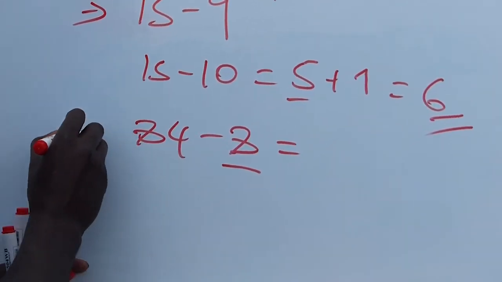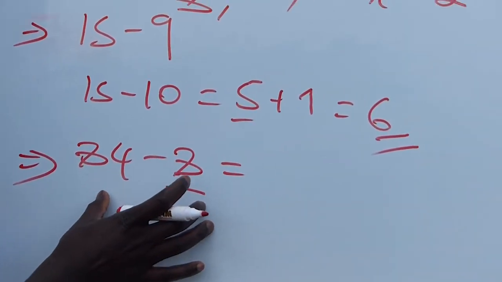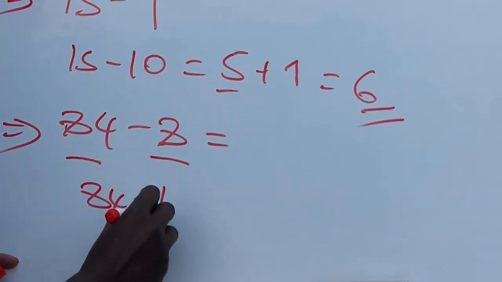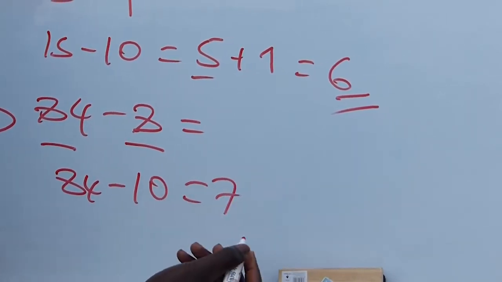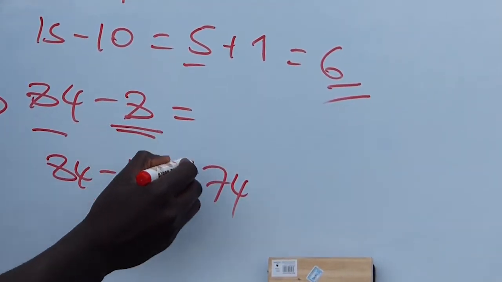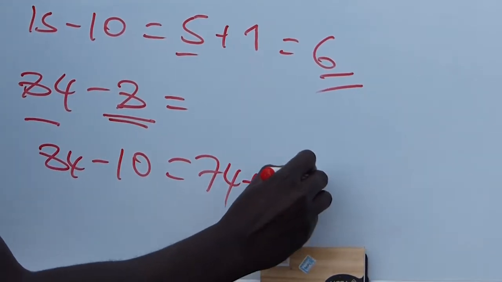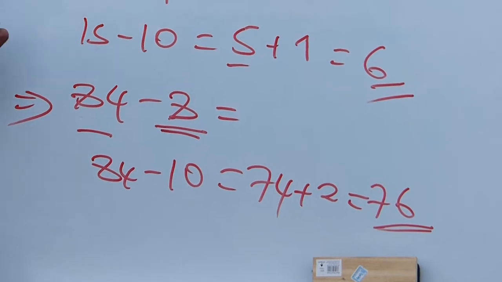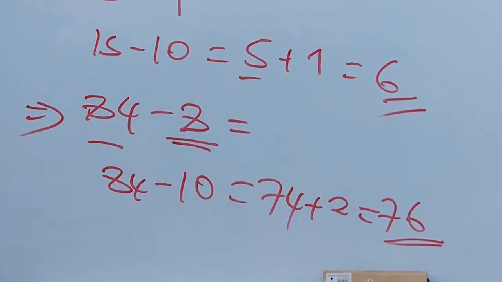So what is 84 minus 8? We're going to say 84 minus 10, so you have 74. And now, because this is 8, you're going to add 2, so you have 76. This way, you are going to subtract numbers very fast.